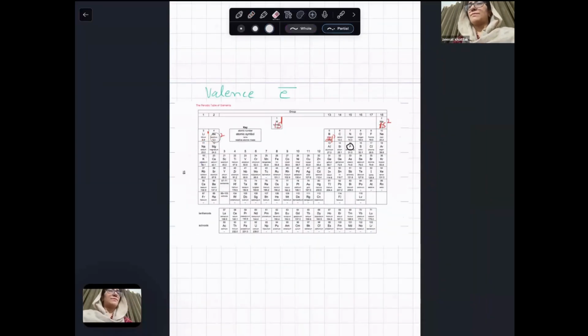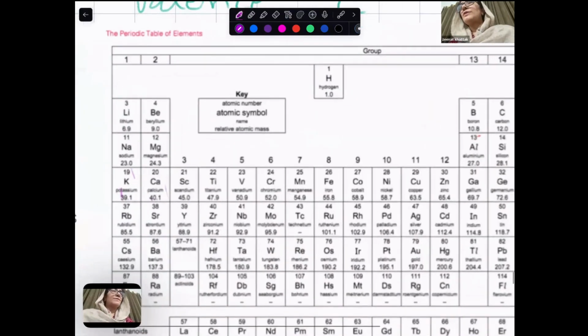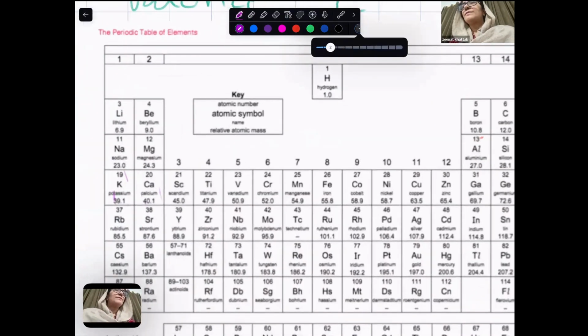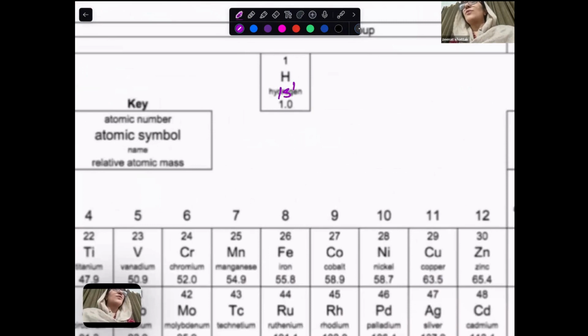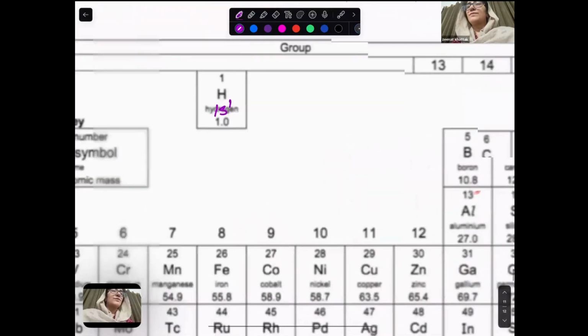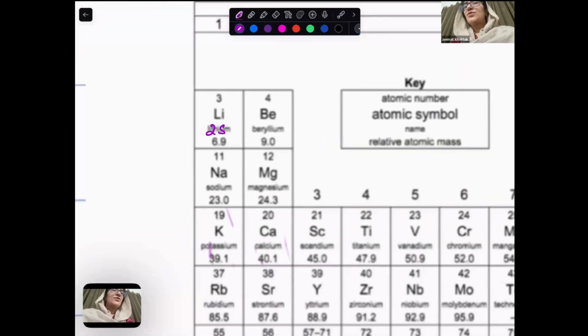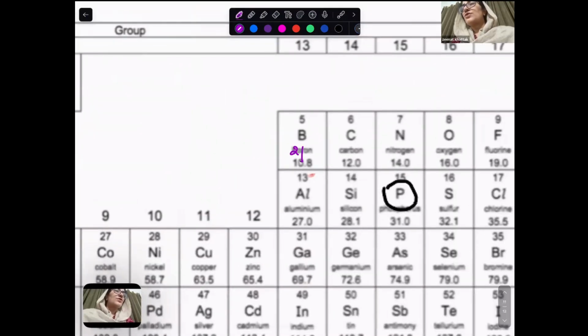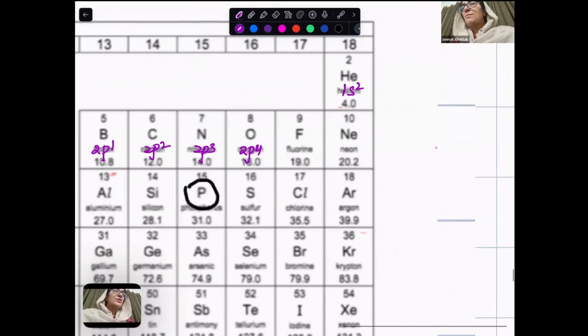How to write it? This is 1s1, 1s2, 2s1, 2s2, 2p1, 2p2, 2p3, 2p4, 2p5, 2p6.